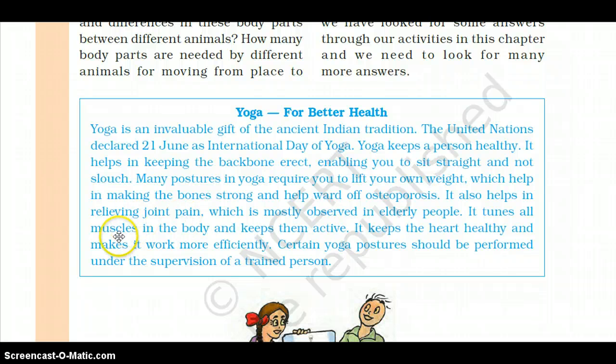It also tunes your muscles and keeps them active. If you practice yoga daily, your heart becomes healthy and more efficient. But always practice yoga under the supervision of a trained person.